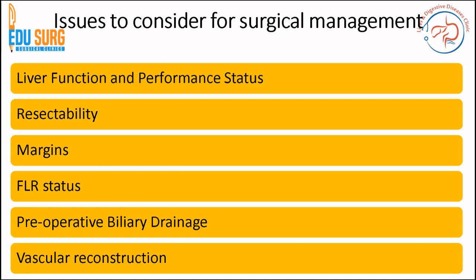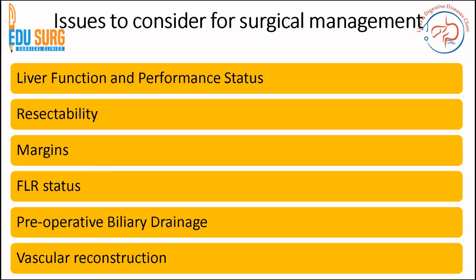So when you consider surgical management for hilar cholangiocarcinoma, these are the key issues to be taken care of. The first and foremost is the liver function and performance status. A patient with good liver function and a good performance status would perform well after surgery. A patient with poor liver function or a poor performance status may not come up for surgery at all.